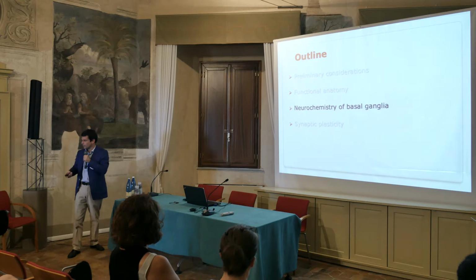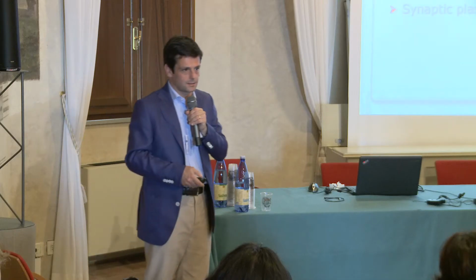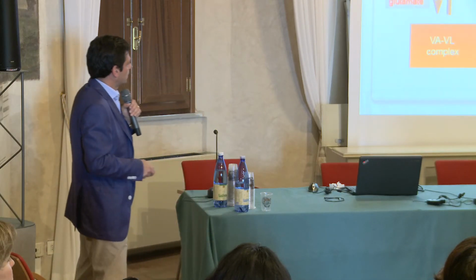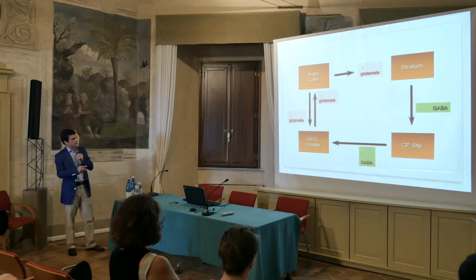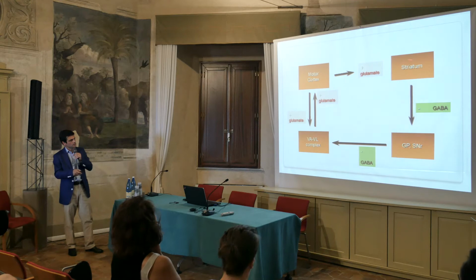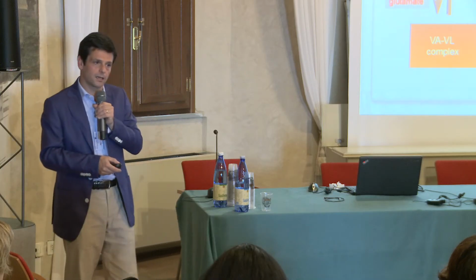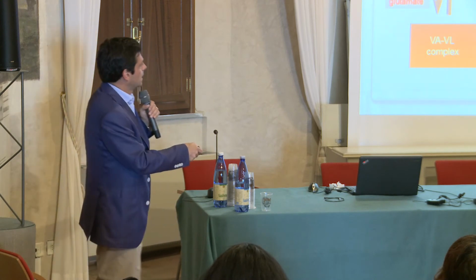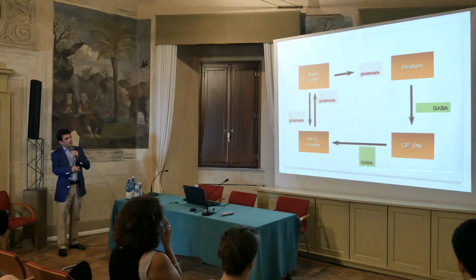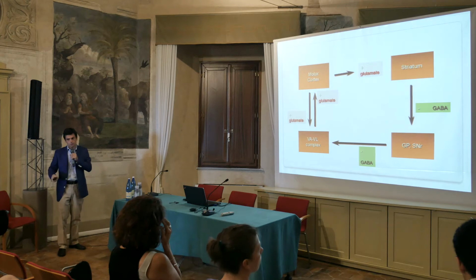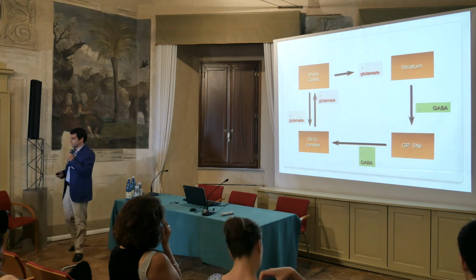of course, neurochemicals. If we start from motor cortex, we see that motor cortex to the striatum is a glutamatergic pathway, an excitatory glutamatergic pathway. Then the striatum, at least the projection neurons of the striatum, are all GABAergic.